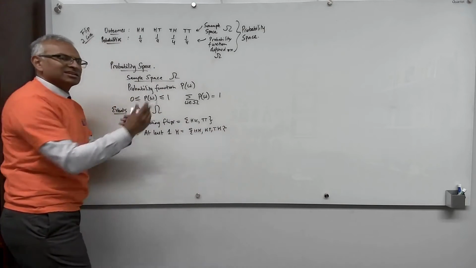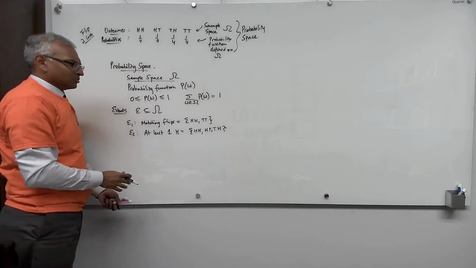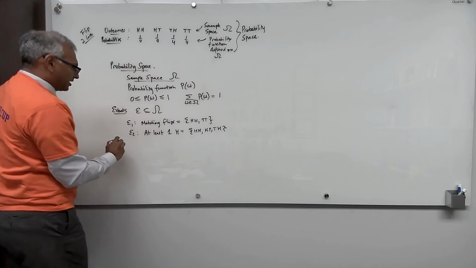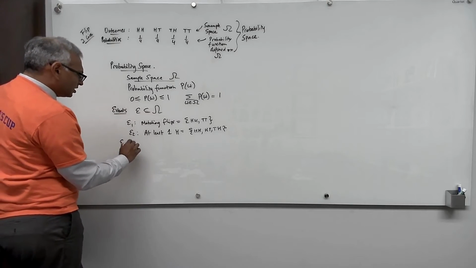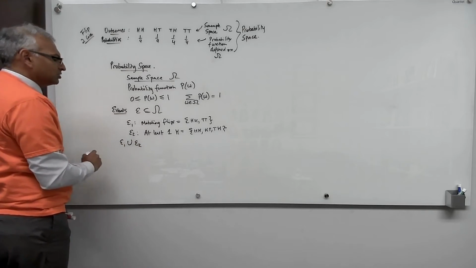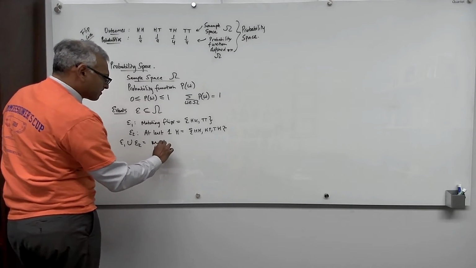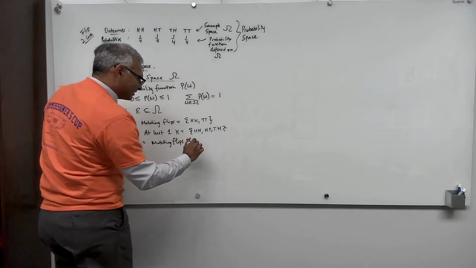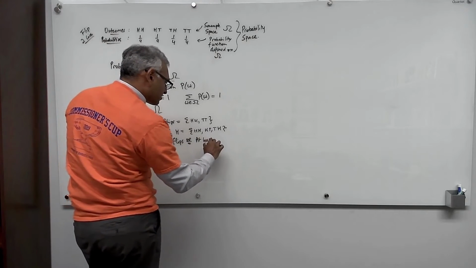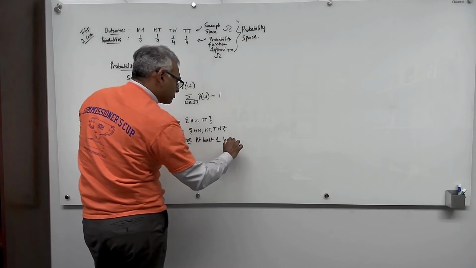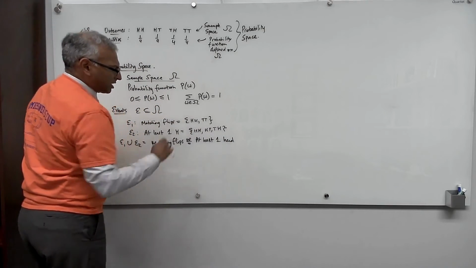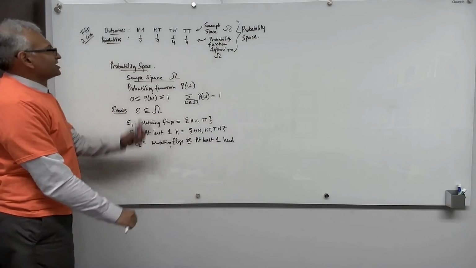Now you can take the intersection event, the complement event, the union event. So you can say matching flips or at least one head: E1 union E2. This is the union of these 2 events, which is actually all outcomes.